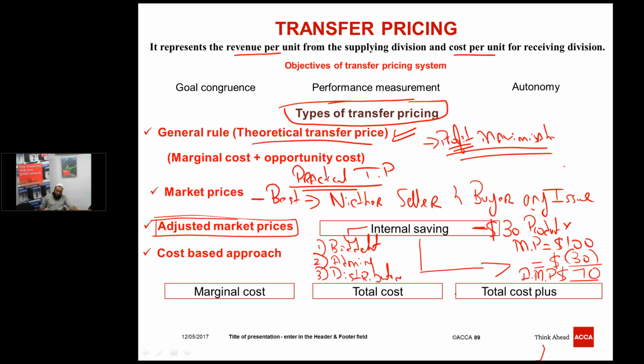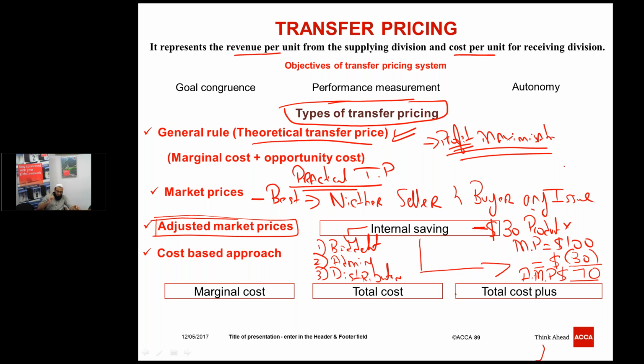And that was the case yesterday. If you remember, in Mob company, there were internal savings of $30 if we were transferring internally. So this is adjusted market price.